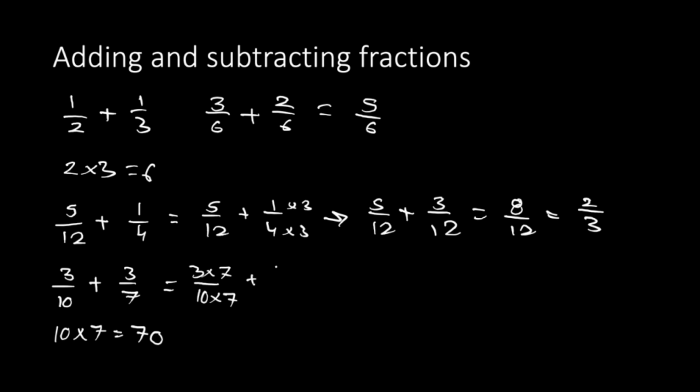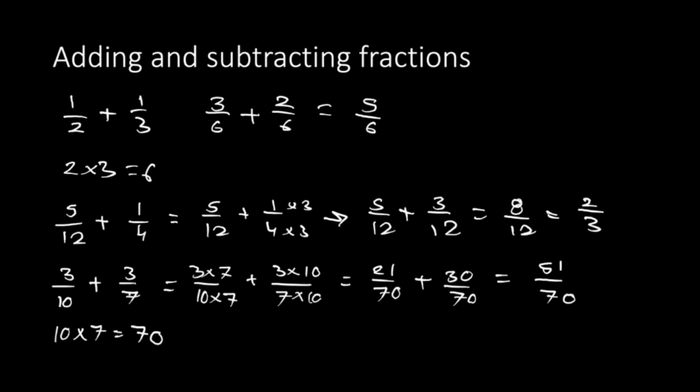And 3 times 10 over 7 times 10. So that would give you 21 over 70 plus 30 over 70. So the answer would be 51 over 70. Nice and easy.